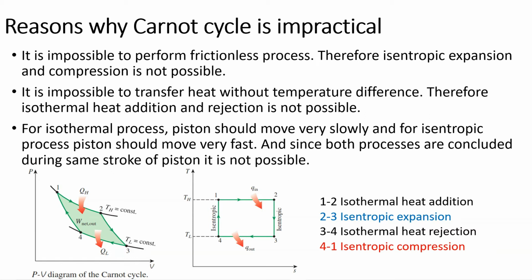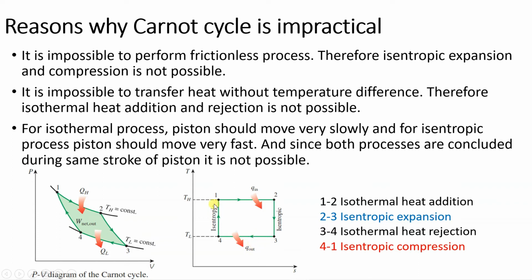Theoretically you can add, but practically it is not possible. It is impossible to transfer heat without temperature difference. So that is why isothermal heat addition during process 1 to 2 and isothermal heat rejection during process 3 to 4 are not possible.